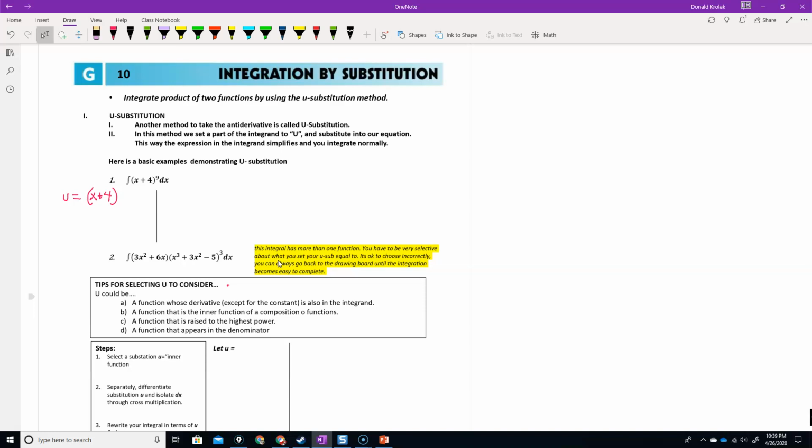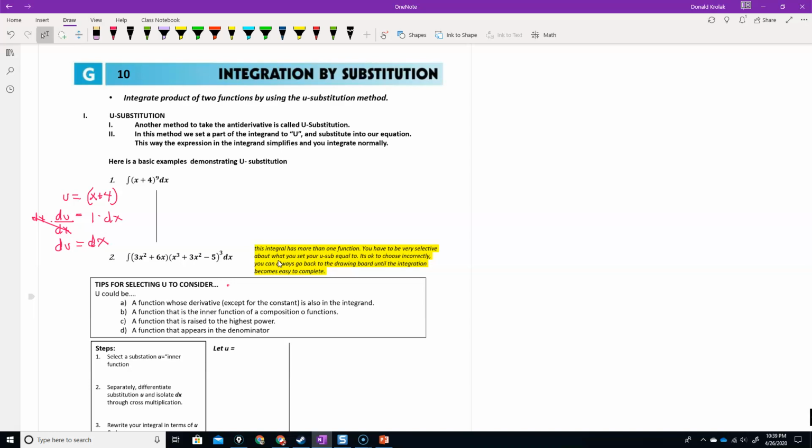Now I'm going to do the derivative of that. The derivative du/dx, the derivative of this with respect to x, would simply be 1. So if I multiply both sides by dx, du is the same as dx.